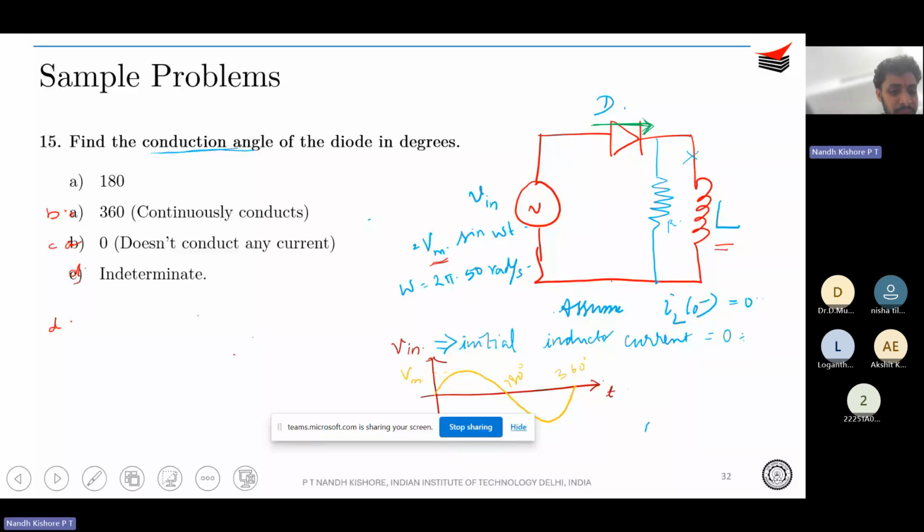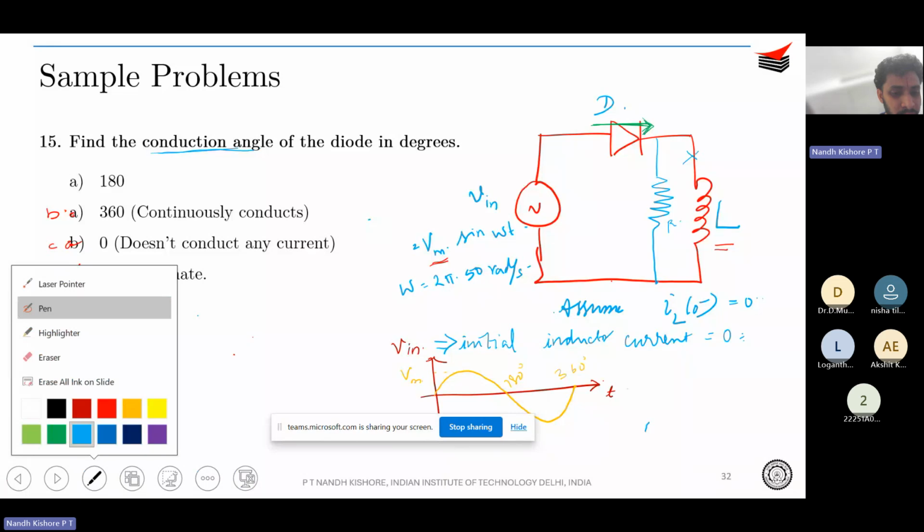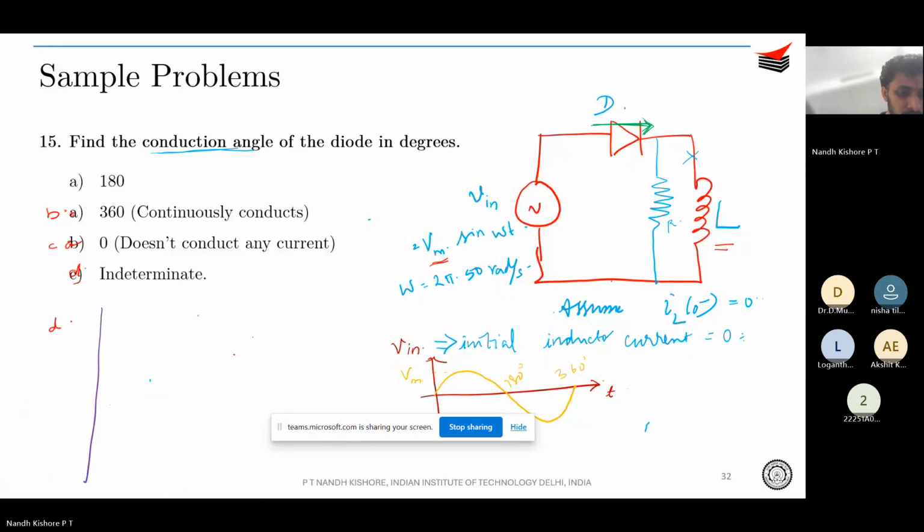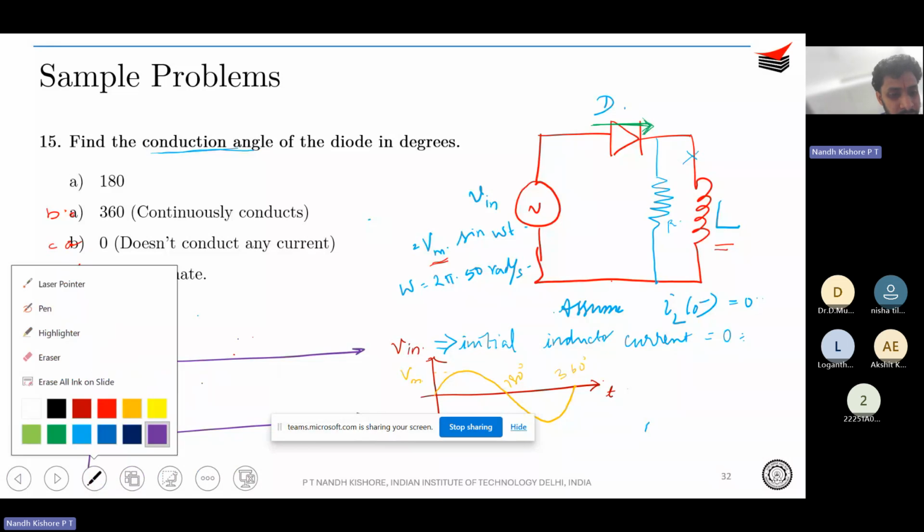So the rationale we apply is, in the case of an R load, let's say this is Vin and this is your current in the circuit, I. Let me call it IN as well, or you may name it however you like.